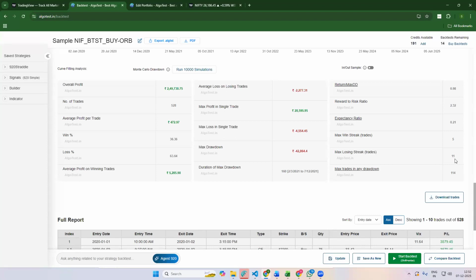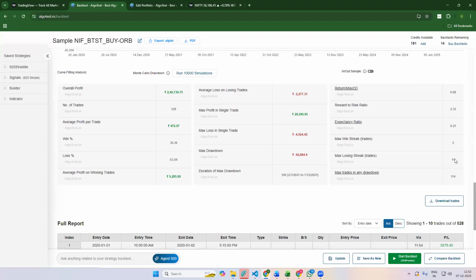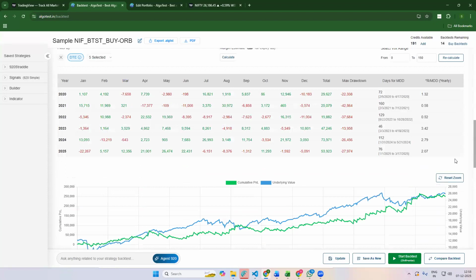Just to add, this is the backtest of a 6 year period, which is a huge period. It has covered COVID, sideways, every kind of market. And since this is an option buying strategy, you have to position size accordingly.